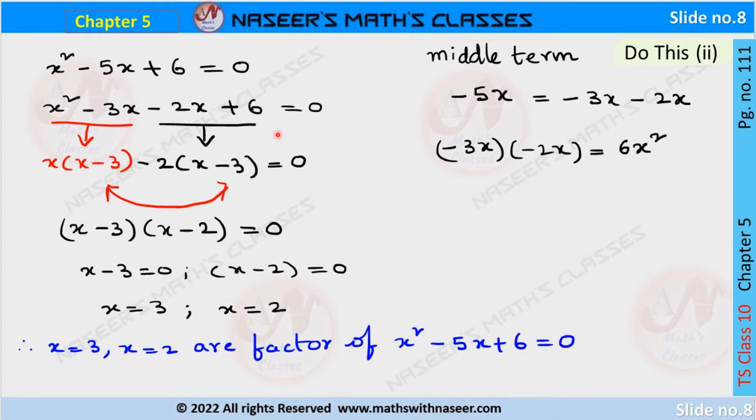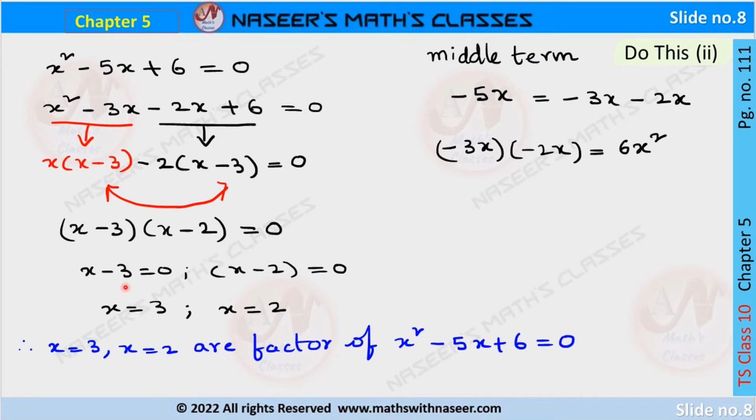In the third and fourth terms 2 is common, so we take out minus 2 common, then we get minus 2 into x minus 3. In this equation x minus 3 is common, so we take out x minus 3 outside, then it can be written as x minus 3 into x minus 2 is equal to 0.